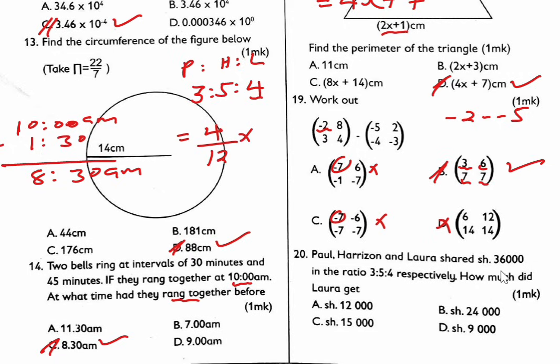Multiplied by the amount which they are sharing, which is 36,000. So if we multiply this keenly, you will see 12 into 36,000 is 3,000, 3 times 4, we get the answer 12,000. So Laura's share is 12,000. And the correct option is A.